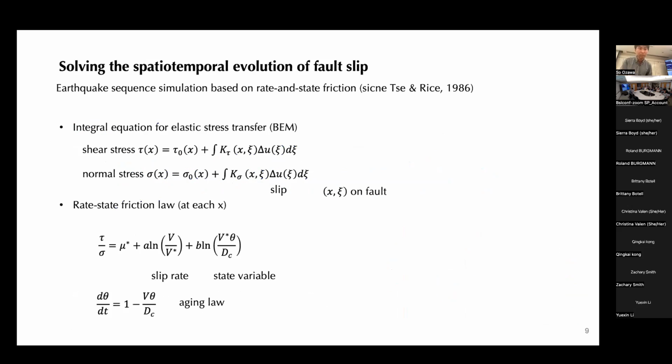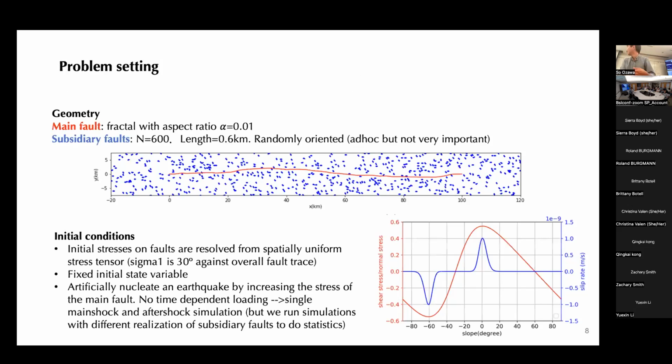We artificially nucleate the mainshock at the center of the main fault, and the mainshock propagates through all of the main fault. Then, after some time delay, some subsidiary faults produce aftershocks because they are favored to do so.